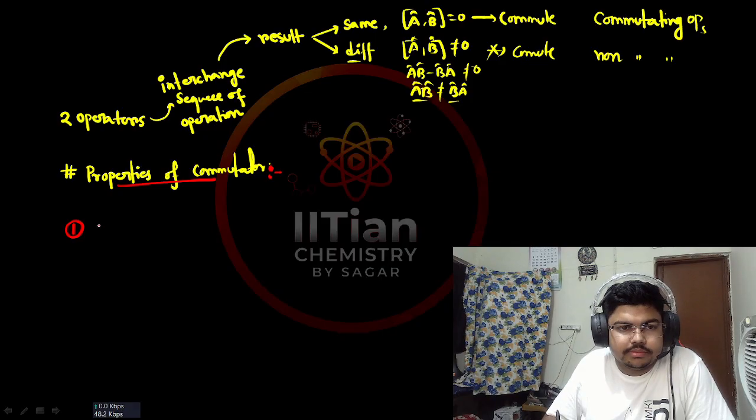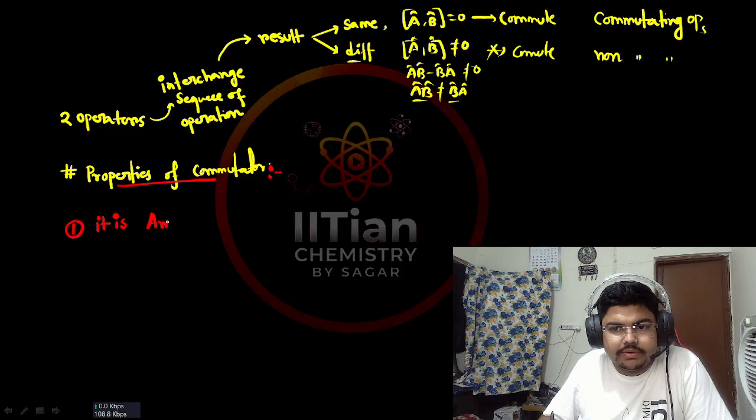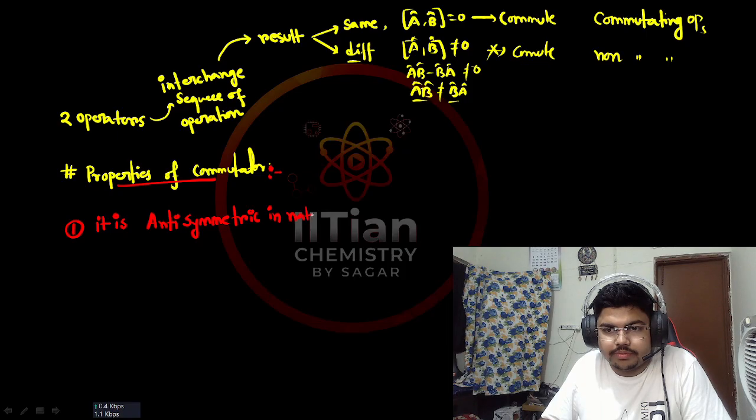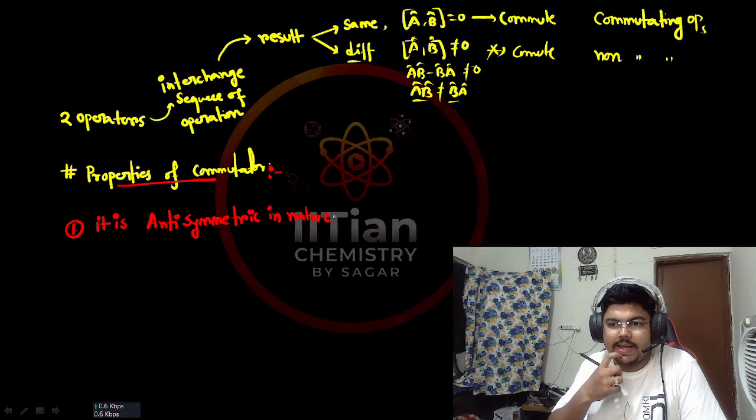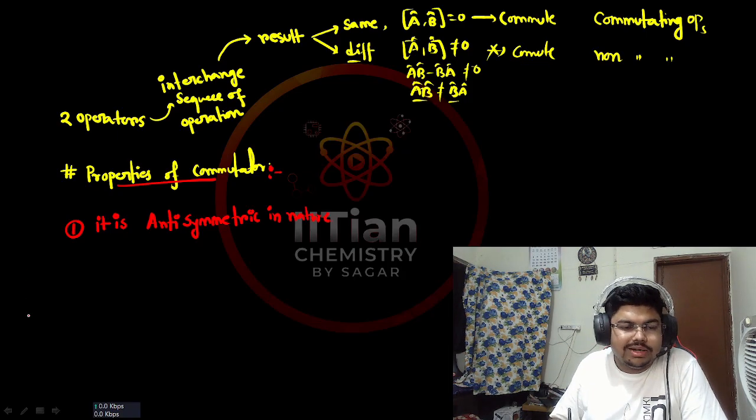First, the commutator is antisymmetric in nature. What does that mean?